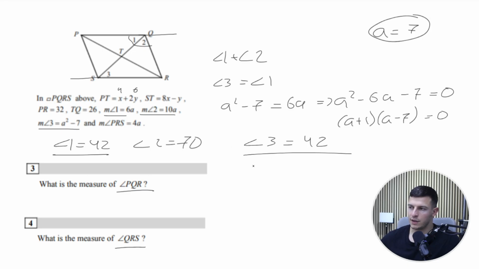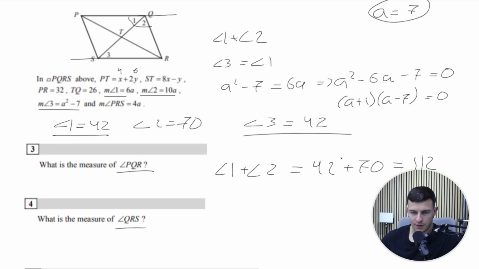PQR is 1 and 2, so angle 1 plus angle 2 is going to be equal to 42 plus 70, which is 112. Let me move it up a little so you can see. There you go, 112.